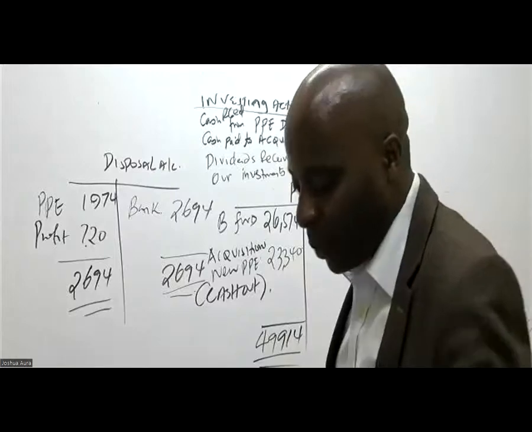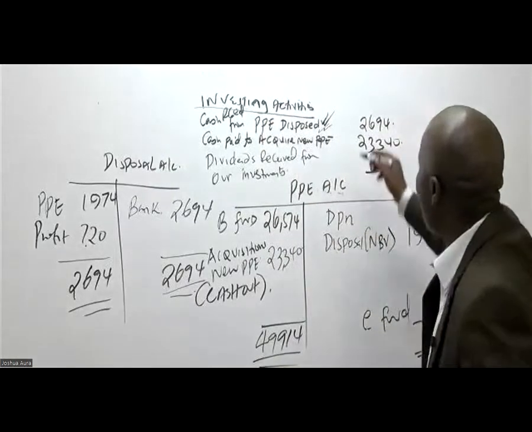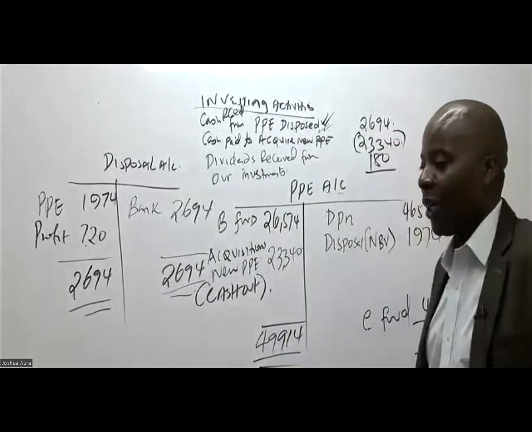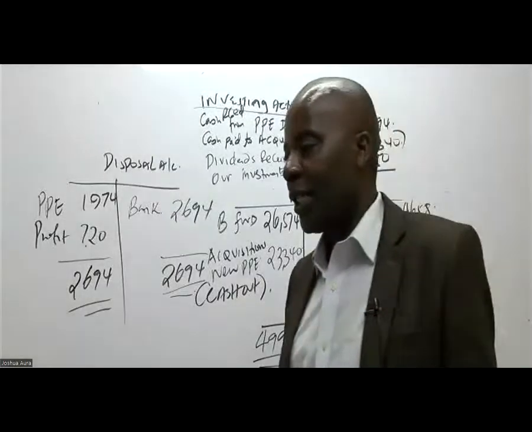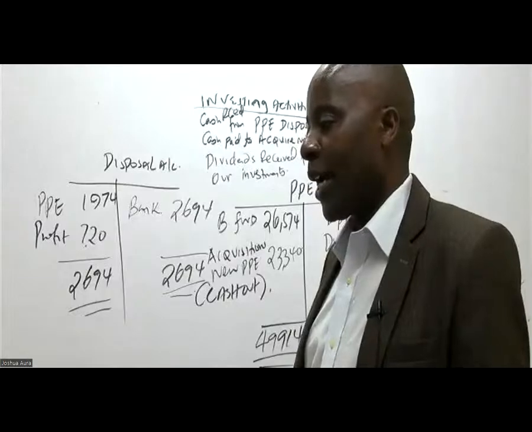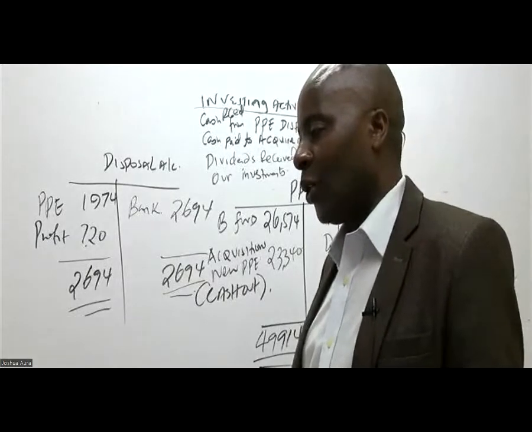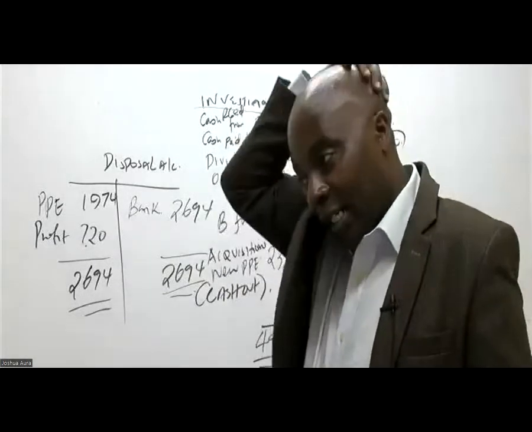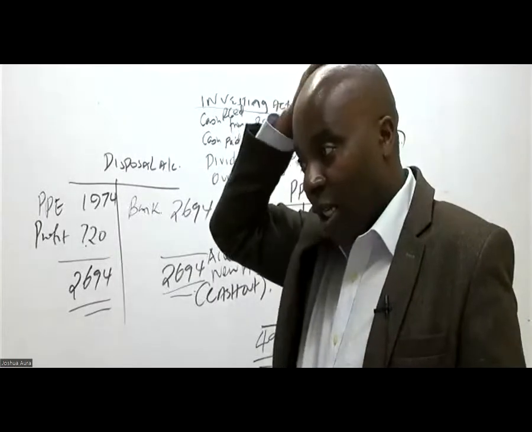Don't forget cash paid. Don't forget to put this in brackets, cash paid. It's a cash outflow. So in this case here, investing activities, how much are we talking about?